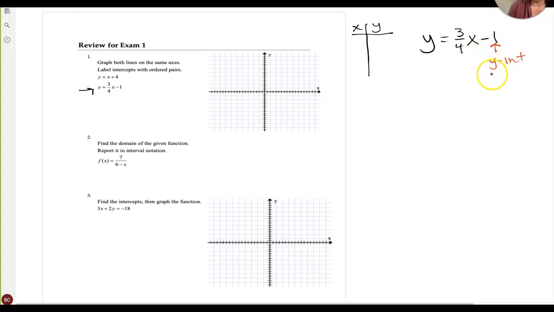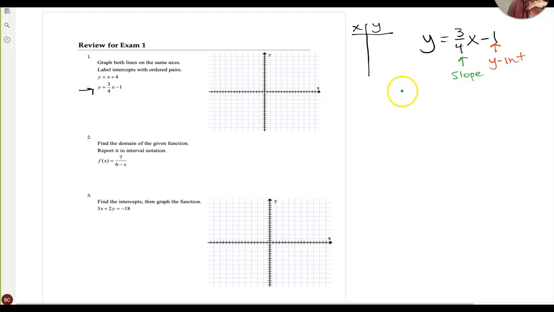The y-intercept is your starting point. And then from there, this is your slope. Remember, slope is rise over run. Since it's a +3, we're going to go up 3 and right 4. That's the way that I usually like to do it, but there are so many different ways.